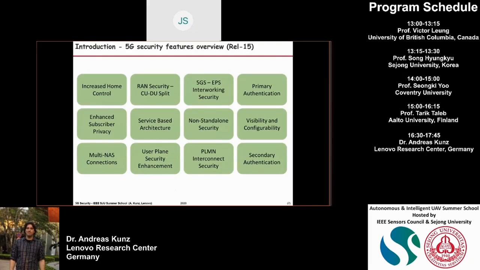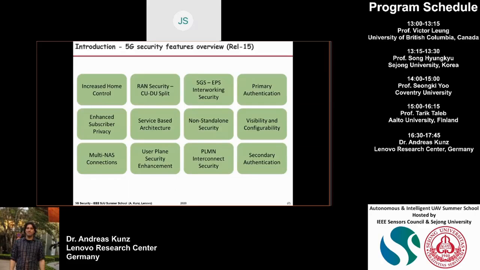We have two new authentication methods in 5G. We have the enhanced subscriber privacy, which is an important feature and is trying to tackle the IMSI catcher. We have the service-based architecture, and we have the non-standalone security, as well as the visibility and the configurability.